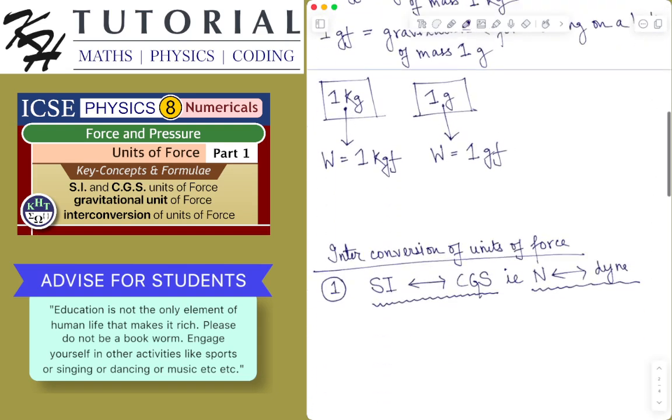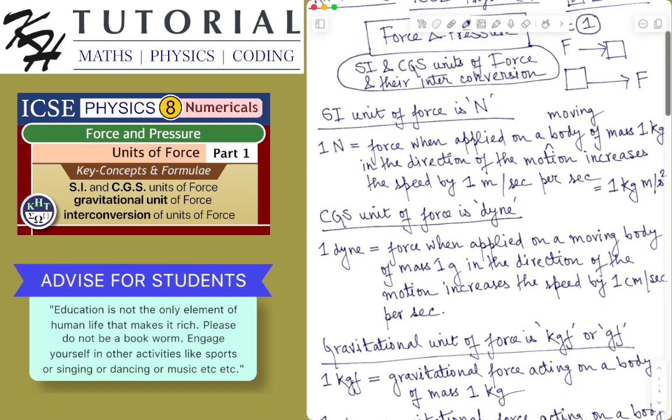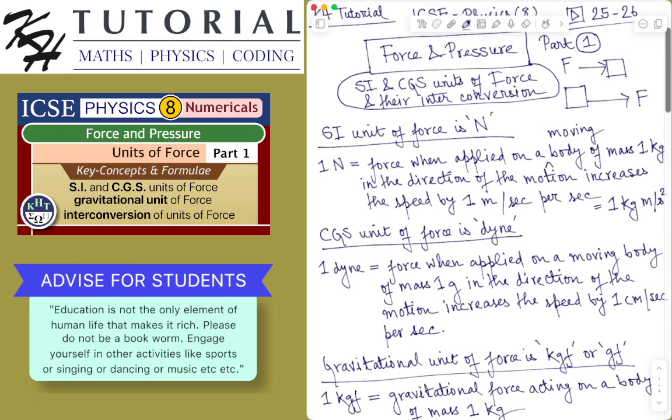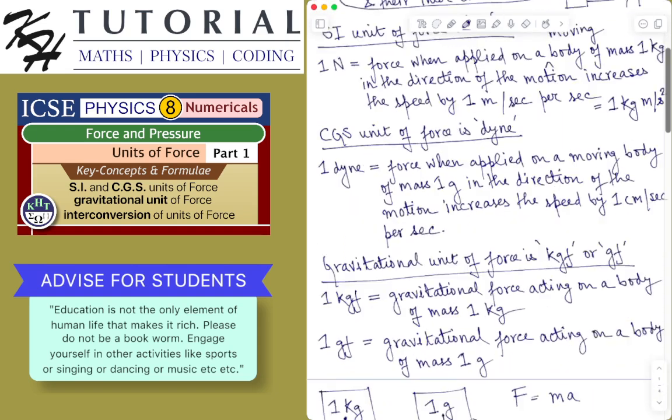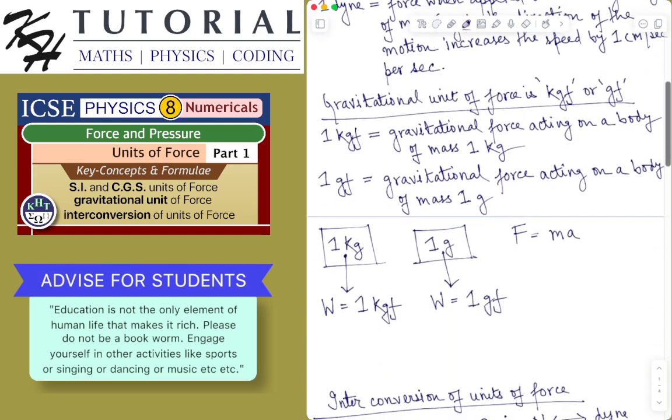There is another formula that force is equal to mass into acceleration. When it says the speed is increasing by 1 meter per second every second, basically it is creating an acceleration of 1 meter per second square, acting on a body of mass 1 kilogram. We know that force is equal to mass into acceleration.